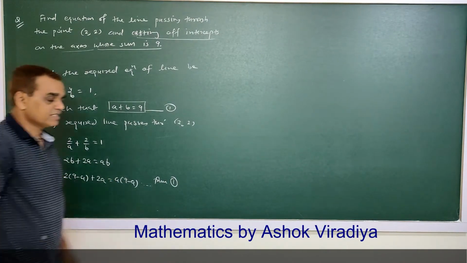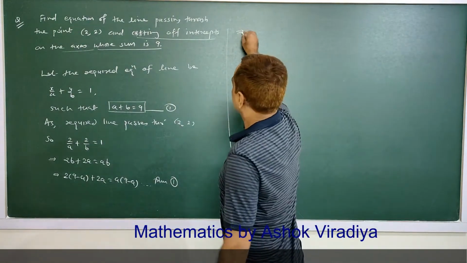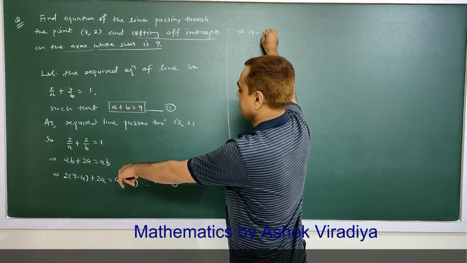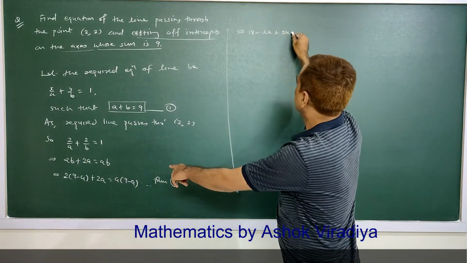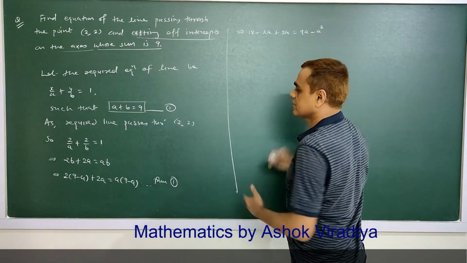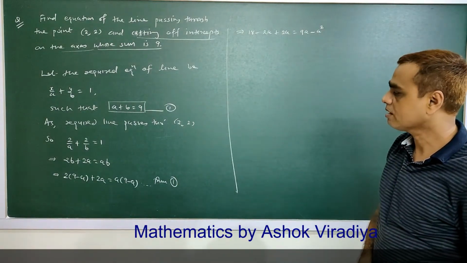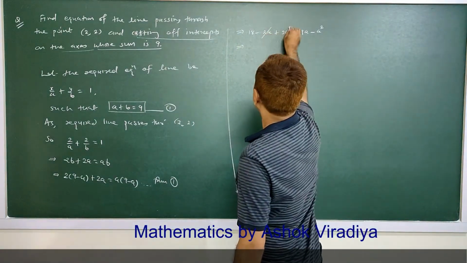So simplifying this implies 9 into 2, 18, minus 2a plus 2a equal to 9a minus a square. So this is cancelled.